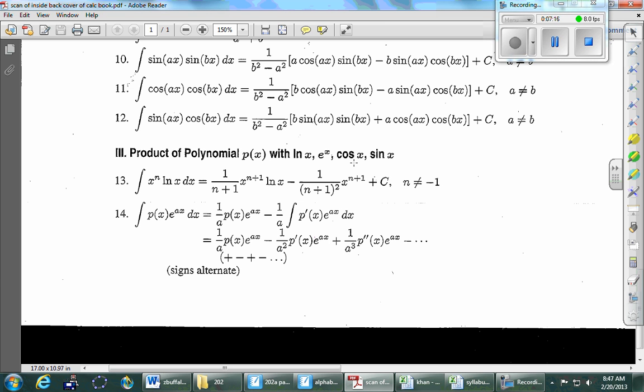Just write everything in that formula where n is equal to 5. It was number 13, yeah. N is equal to 5.